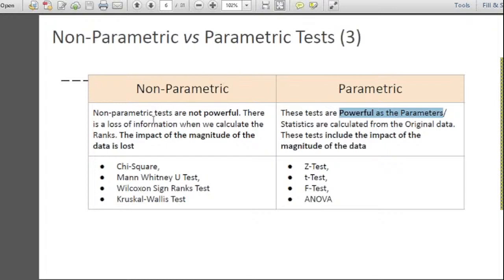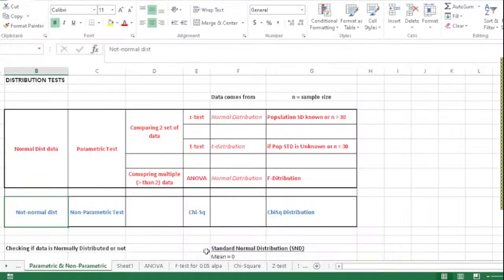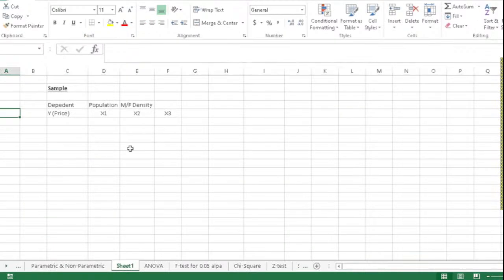Now, when you talk about non-parametric tests, they are not that powerful because there is a loss of information when we calculate ranks. Suppose you only have information about ranks of some numbers. Let me show it to you. It will be better. Suppose I have five numbers: 54, 200, 324, 100, and let's say 80.